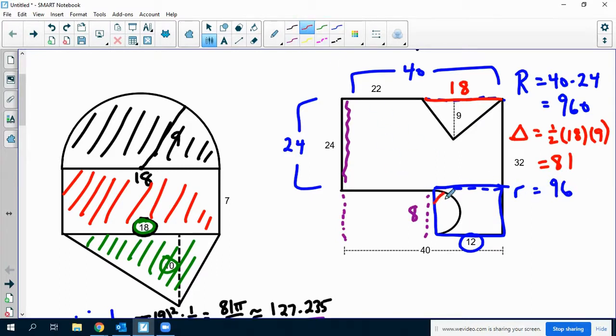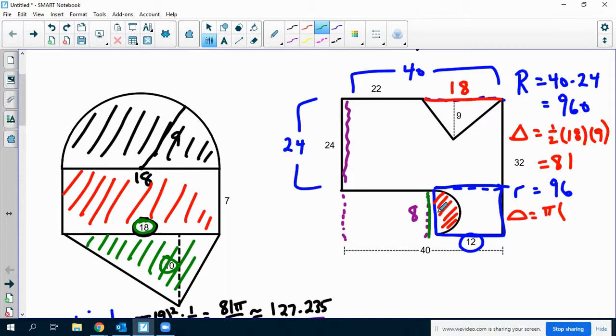Now I have to subtract this semicircle. So I will end up with the rectangle minus the triangle, and then the smaller rectangle minus the semicircle. The semicircle is pi times the radius squared, so I have to figure out the radius.